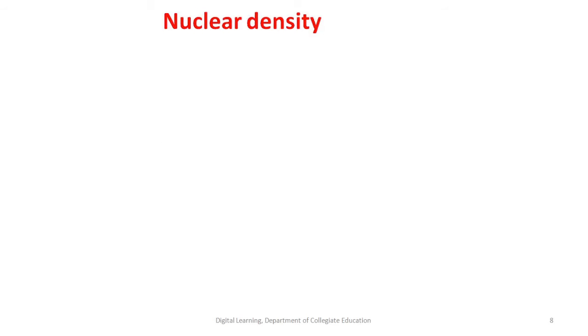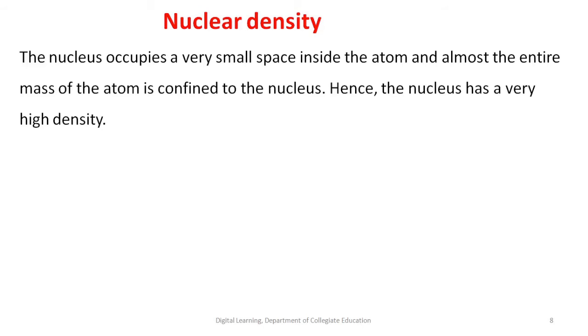Next, we'll move on to nuclear density. The nucleus occupies a very small space inside the atom. We know that the nucleus is 10,000 times smaller than the atom. That means it occupies a very small region inside the atom, and almost the entire mass of the atom is concentrated in the nucleus.